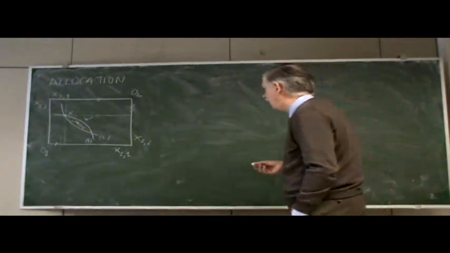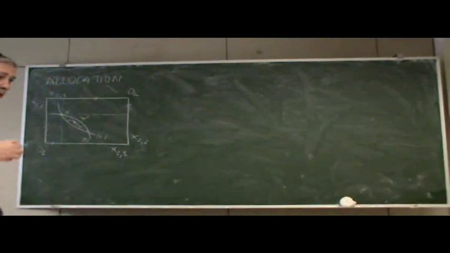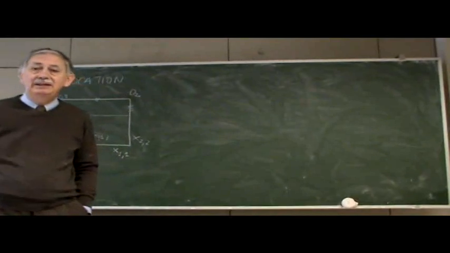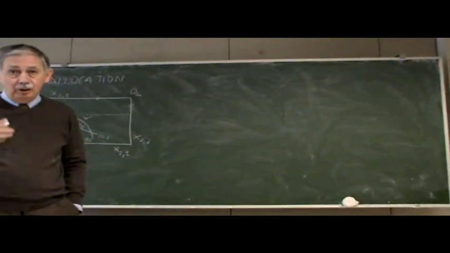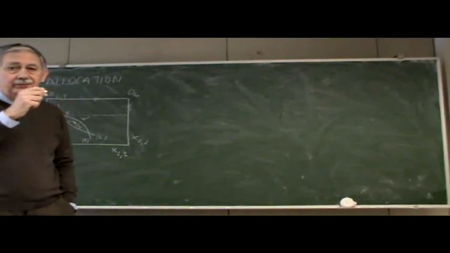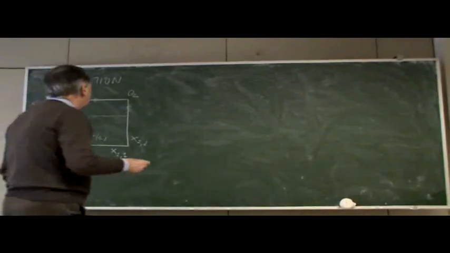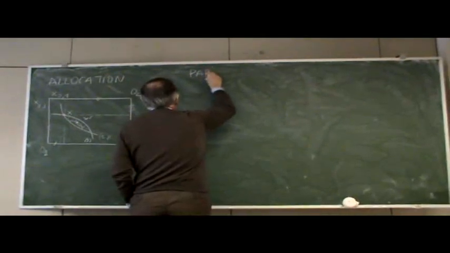An efficient allocation is one with respect to which it is not possible to increase both the utilities by means of a redistribution, or also by increasing one utility while keeping the other utility constant. Definition of a Pareto optimum.